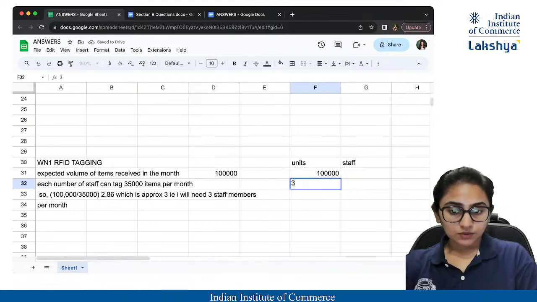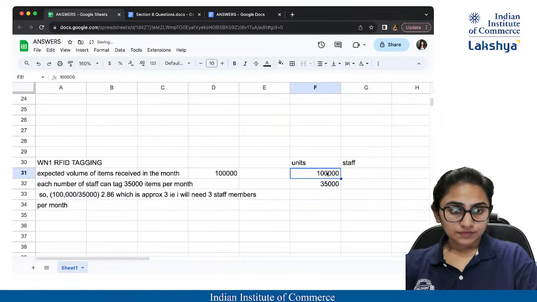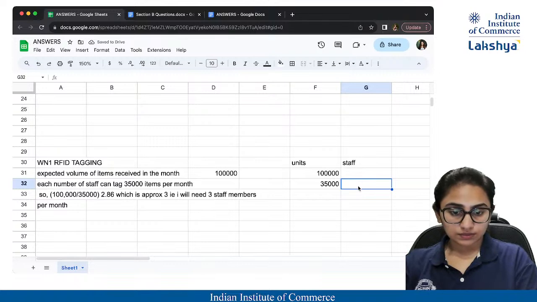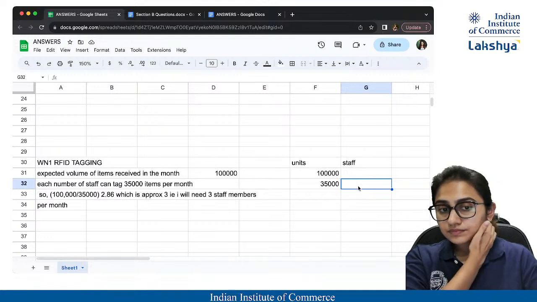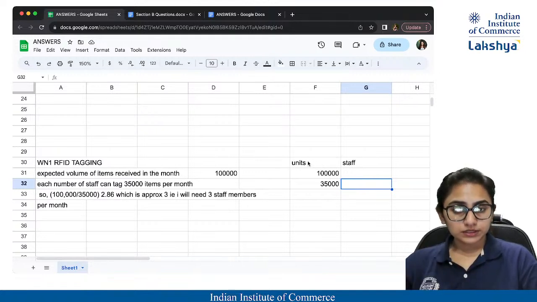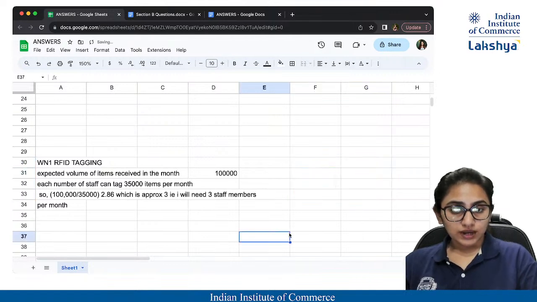For 35,000 units, I'll take how much? No, I cannot do it by cross multiplication because I don't have the data of total staff. So I have to do it like this only.